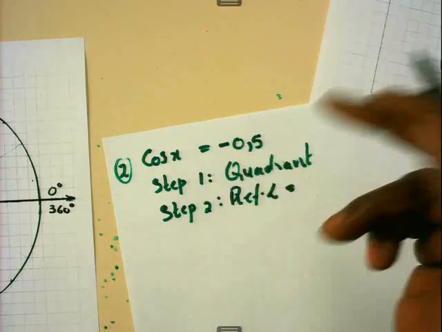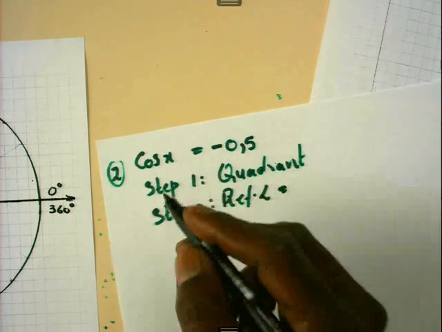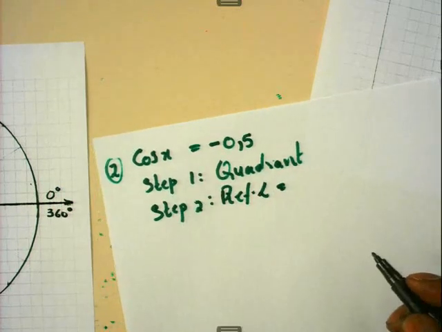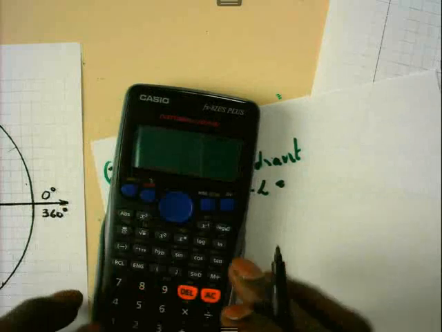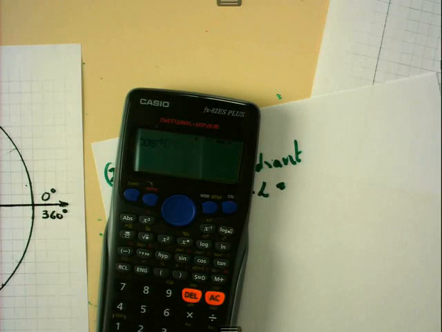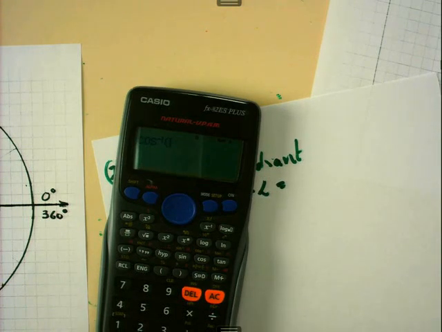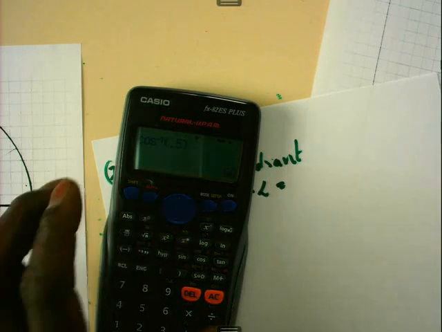Shift or second function, then cos, in this case because we are working with cosine here. And if we press that, let me just verify. Second function, cos. The Casio is so nice to me. It has put the bracket, and then we put 5 and press equals.